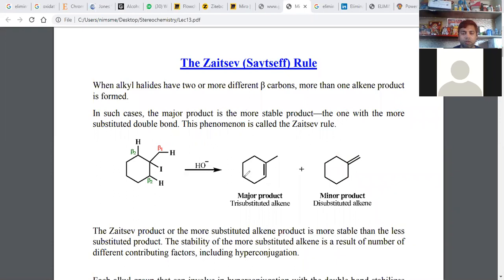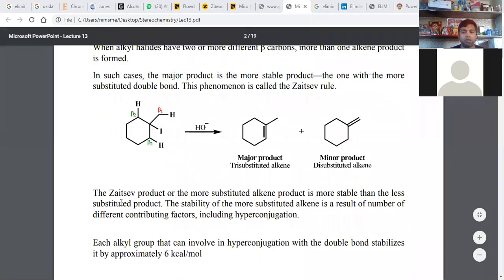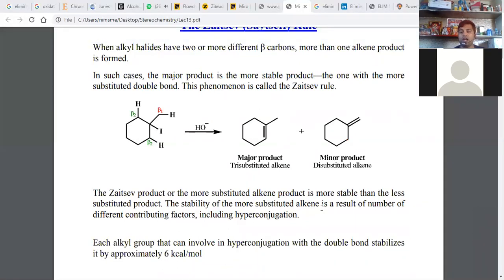See, the Zaitsev product, or the more substituted alkene product, is more stable than the less substituted product. The stability of the more substituted alkene is a result of a number of different contributing factors, including hyperconjugation.